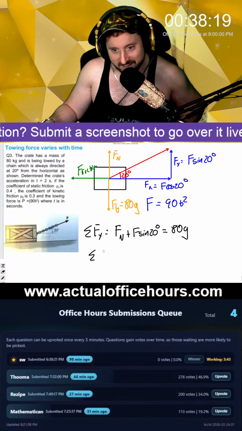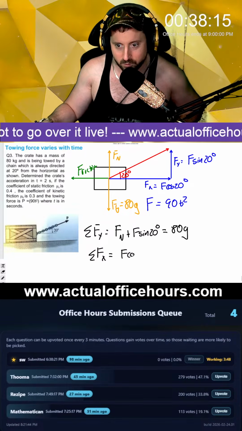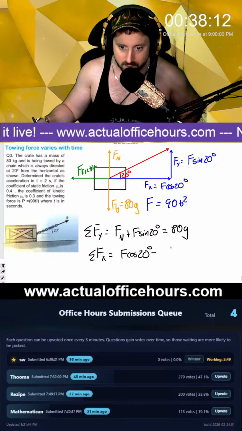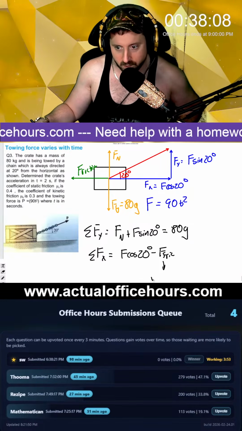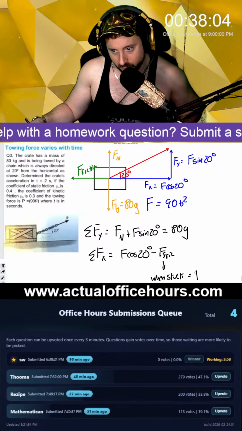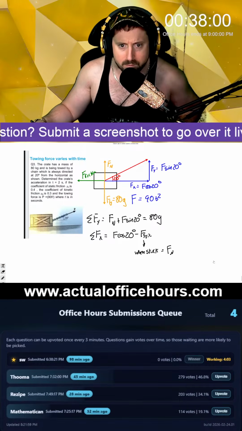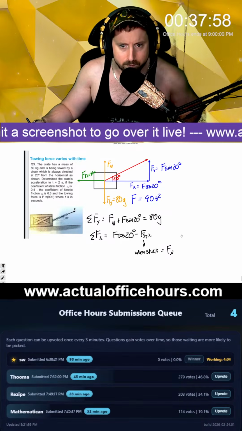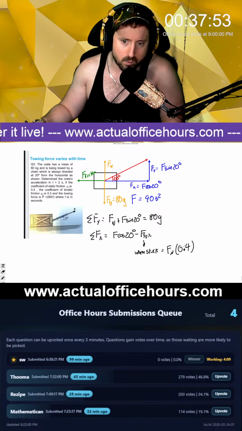Okay. Sum of forces in the x direction is going to be equal to F cosine of 20 degrees minus F friction, which, when stuck, equals Fn times 0.4, because that's the coefficient of static friction.